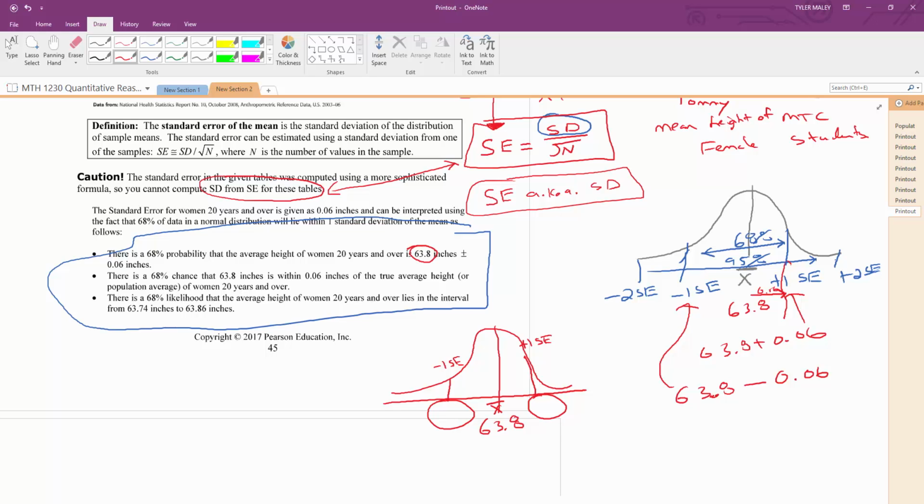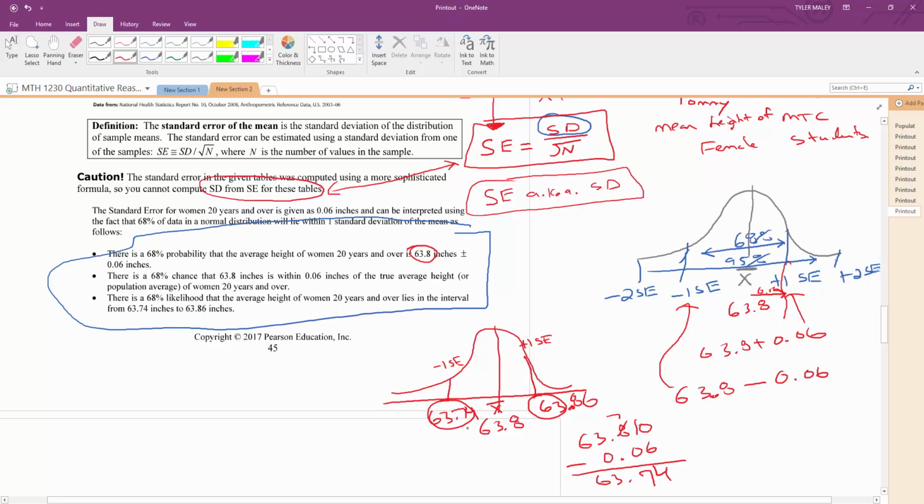So 63.8 plus 0.06 would be 63.86. And then over here, if we subtract, so 63.8 minus 0.06, I need to borrow. We get 63.74. That will go here.